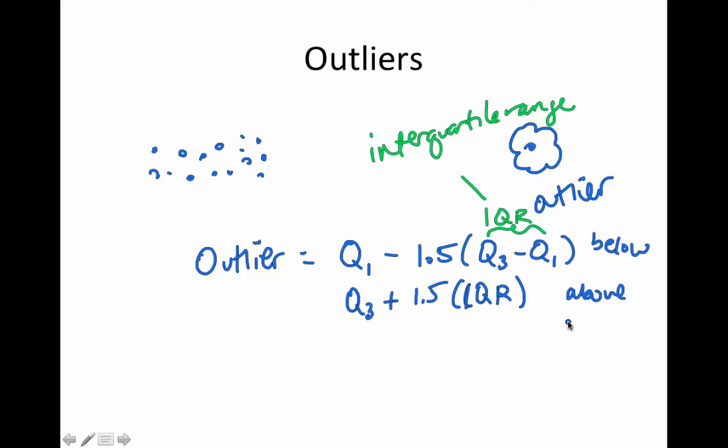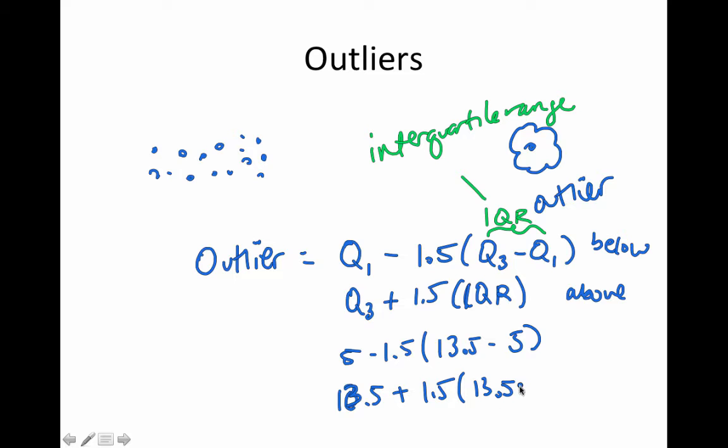So using the set of data that we just found the 5-number summary of, this is what it would look like. We would do Q1, which was 5, and we would subtract 1.5 times 13.5 minus 5, and then we would take 13.5 and add 1.5 times 13.5 minus 5.